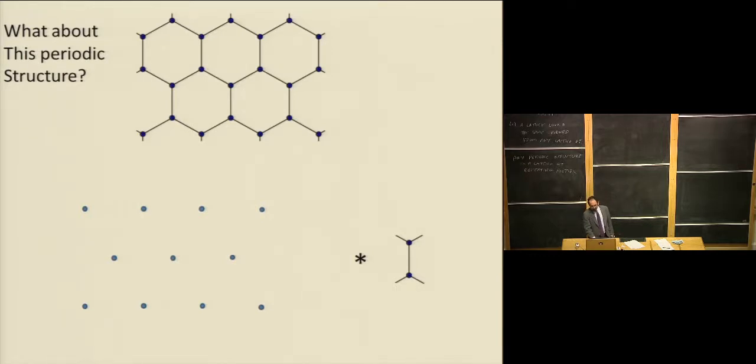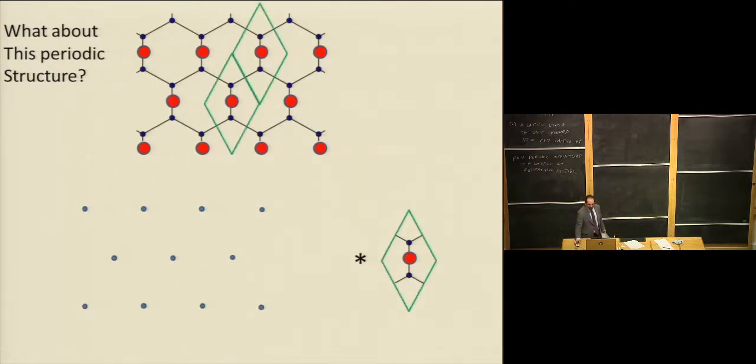First, I'm going to put a big red dot in the middle of each vertical edge. Okay? So here are big red dots, and now it's looking a little bit more likely that these big red dots are clearly forming a triangular lattice, just like this triangular lattice down here. Now let's make it a little bit more obvious by putting a green diamond around this repeating motif.